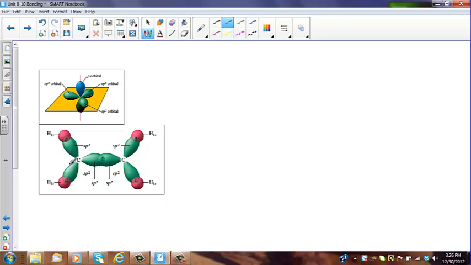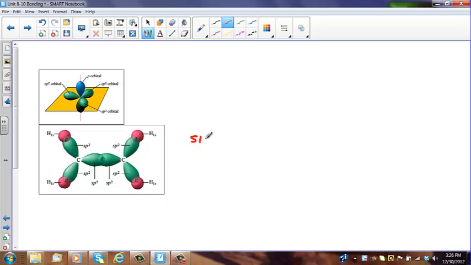In this next diagram, well, this actually has a pi bond. We're going to talk about that.